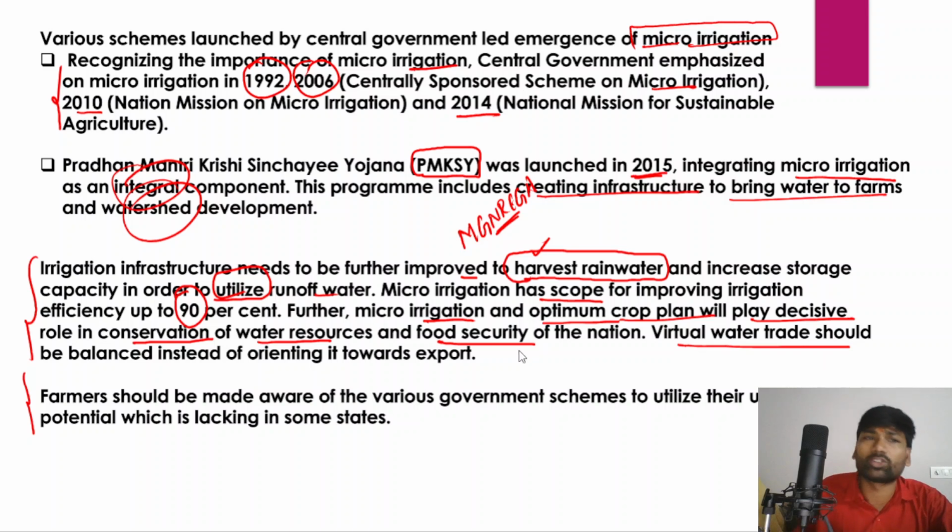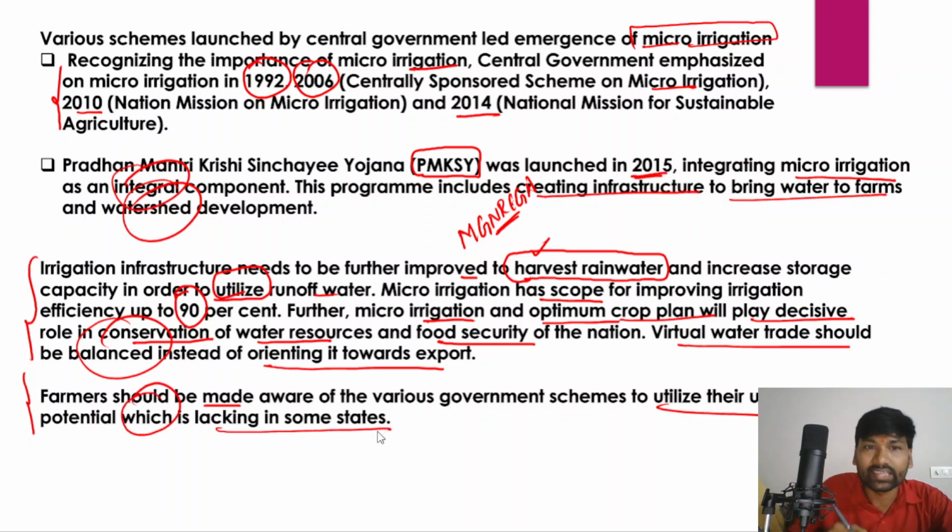And virtual water trade should be balanced instead of orienting it towards the export as well. In fact, farmers should be made aware of various government schemes to utilize their utmost potential, which is lacking in some states. So this is how you could conclude this answer.